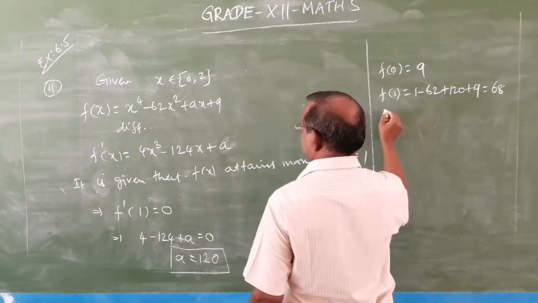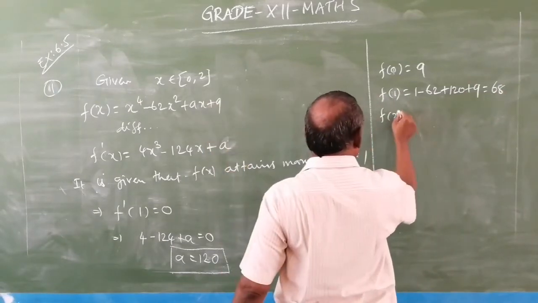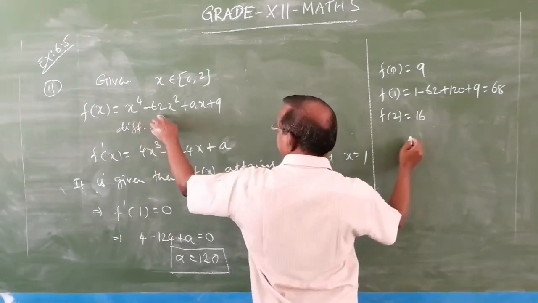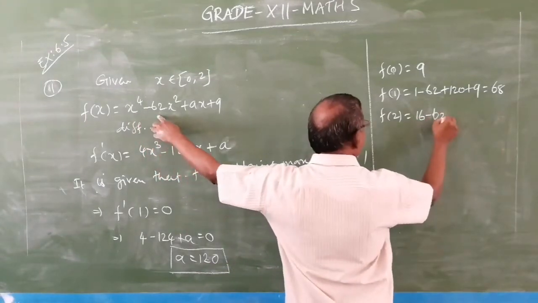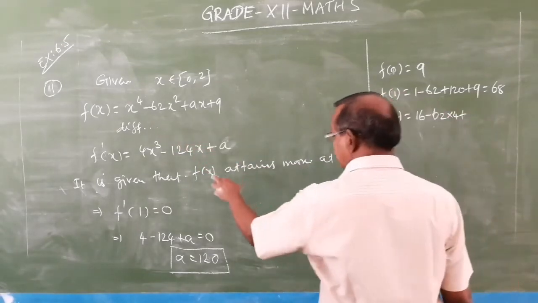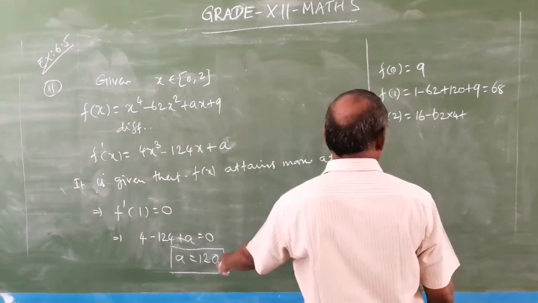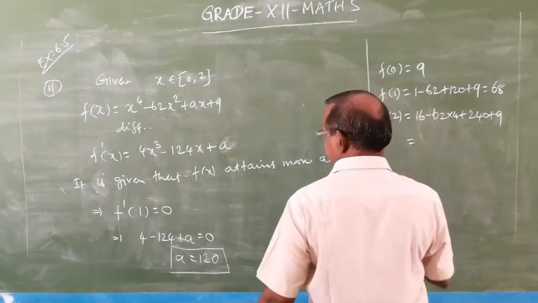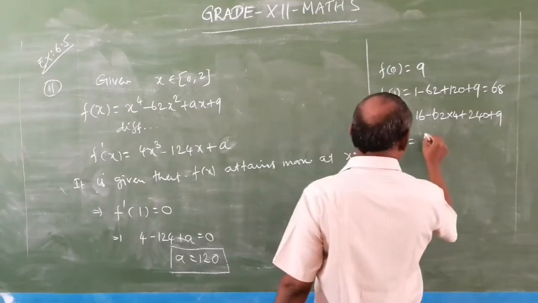Now f of 2 equal to 2 power 4, 16, minus 62 into 2 square, 4, plus a equal to 120, into 2 equal to 240, plus 9, which is equal to f of 2 equal to 17.